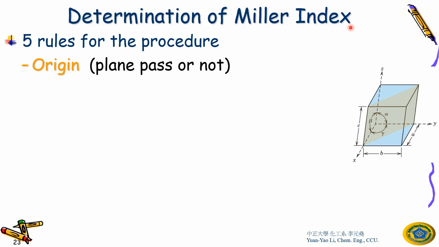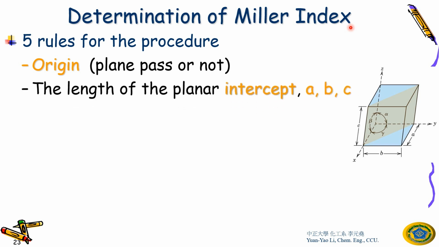This is different from the direction, which has 4 steps, where the first step is that the vector needs to pass through the origin. But the plane cannot pass through the origin. What happens if the plane passes through the origin? You just move the origin parallelly, or you just move the plane parallelly.